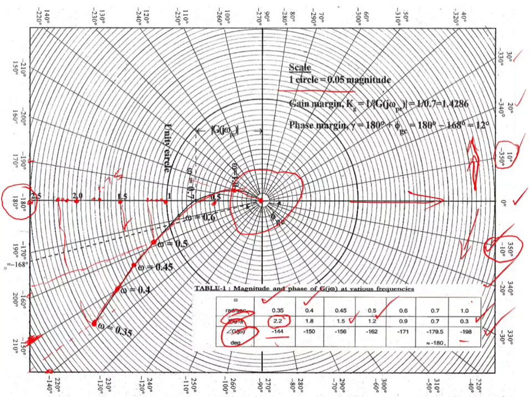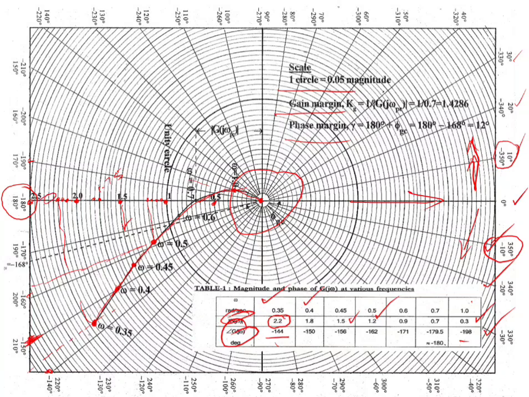Now we have to find the gain margin and phase margin. Gain margin is represented as Kg, which is equal to the reciprocal of gain at the phase crossover frequency. Phase crossover frequency is nothing but plus or minus 180 degrees.